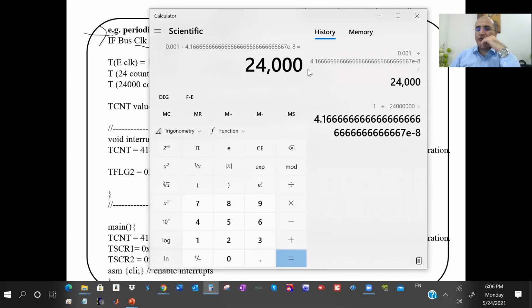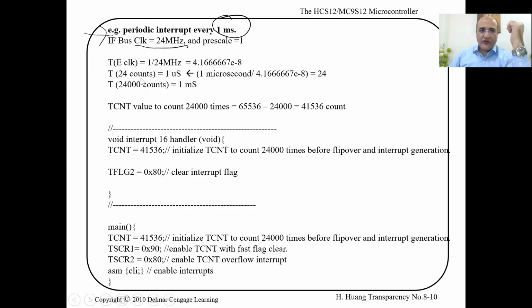So to count for 1 millisecond, you need to count 24,000. 24 counts will give you 1 microsecond, with a period of 41.6 nanoseconds. 24 counts means 1 microsecond, micro. Times 1000, 24,000 counts is 1 millisecond.